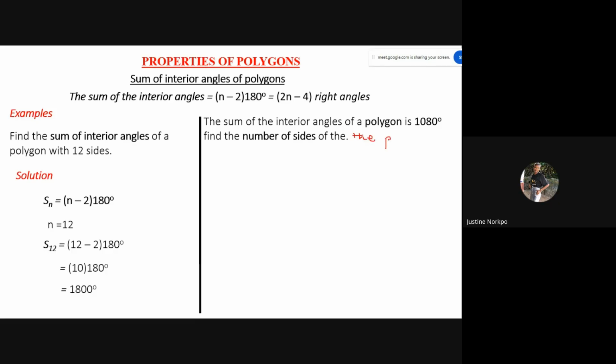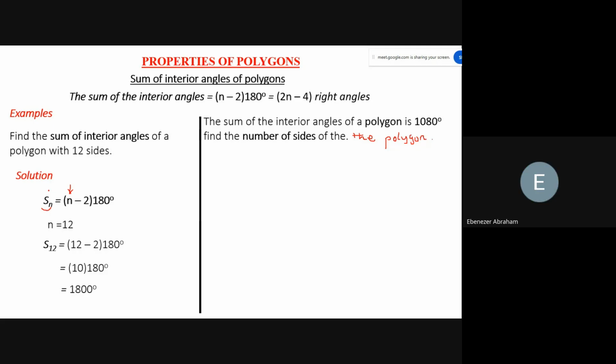Anytime you are using a formula to do any calculation, I tell my students, your mind shouldn't be that they will always give you n and you look for the sum. It doesn't work like that.